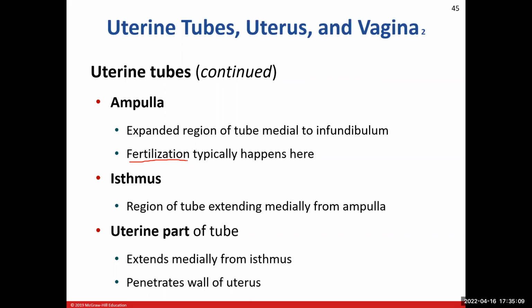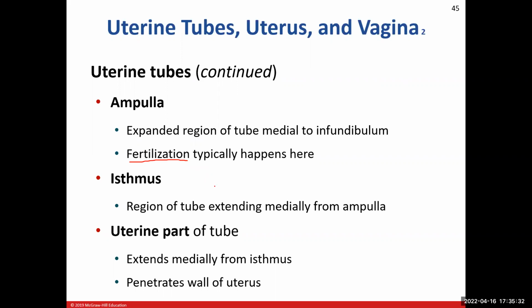Now, as we move more medial towards the uterus, we hit the isthmus. That is the part of the tube just on the outside of the uterus, pretty much where you see it connecting to the body of the uterus.